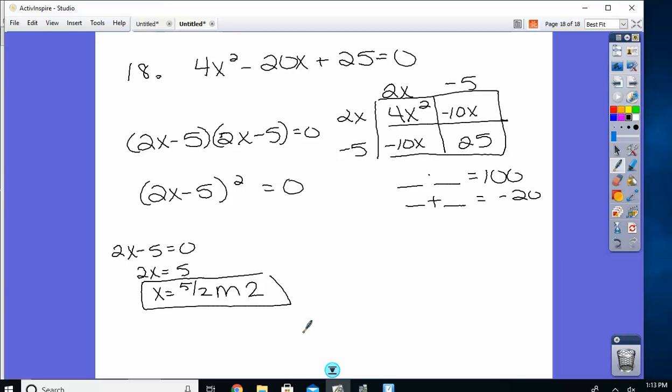So if you forget how the 5 over 2 works, could you just write it twice? Yes. Other questions?